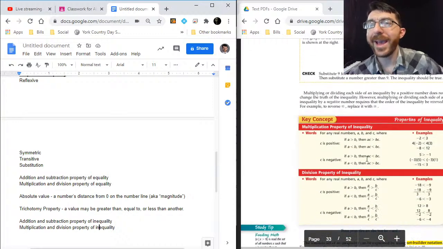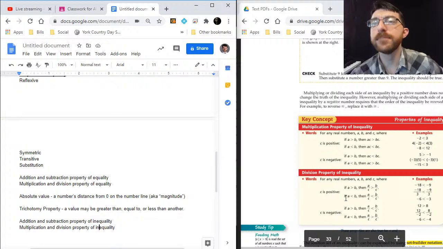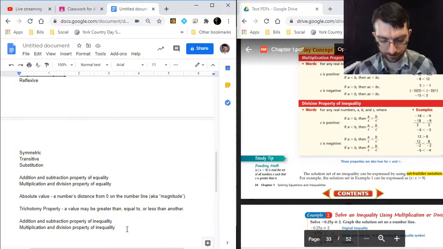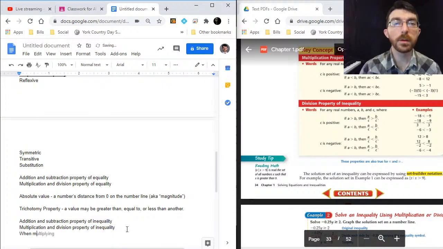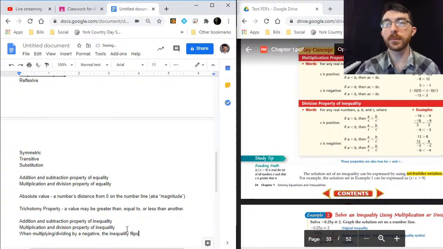Okay, and it is different when it is negative because it makes the inequality flip. When multiplying or dividing by a negative, the inequality flips. Got it.